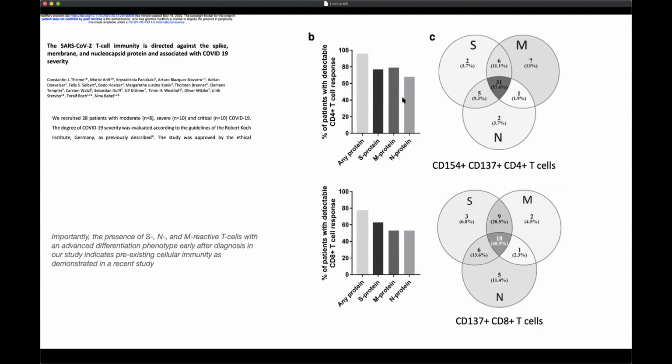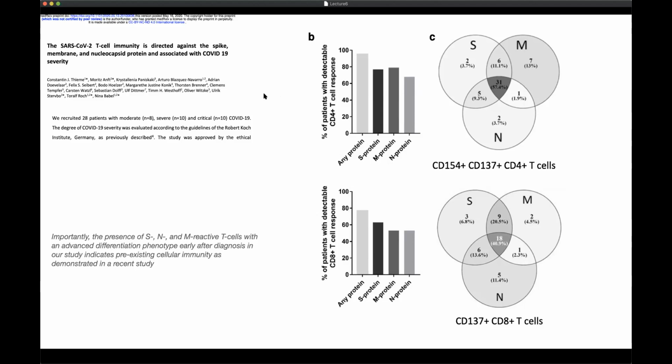And this is basically all you need to see: about 80% of patients had responses to spike, by the same fraction to the matrix protein, and by the same fraction to the nuclear protein. So they're all pretty much the same.